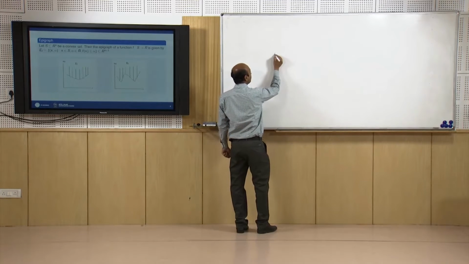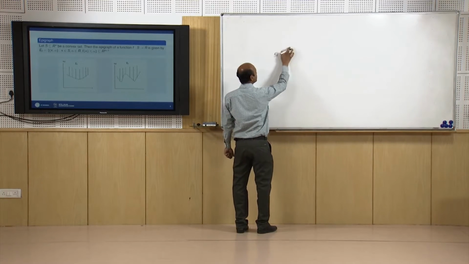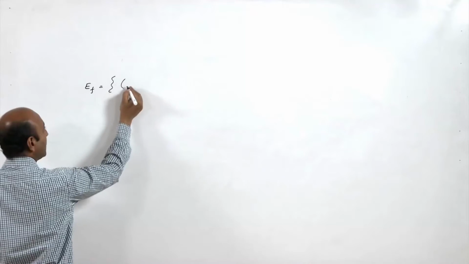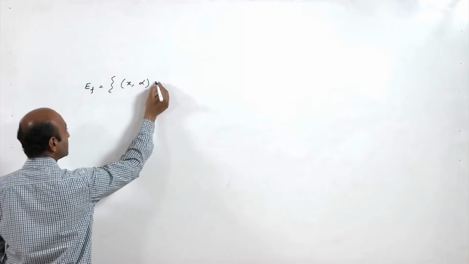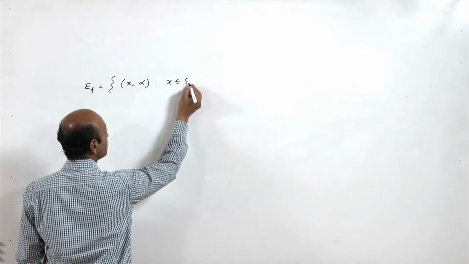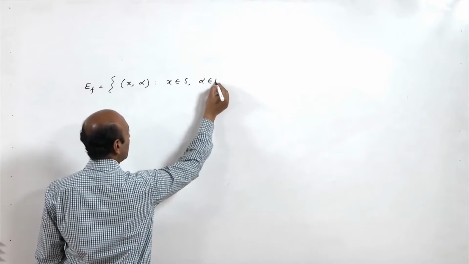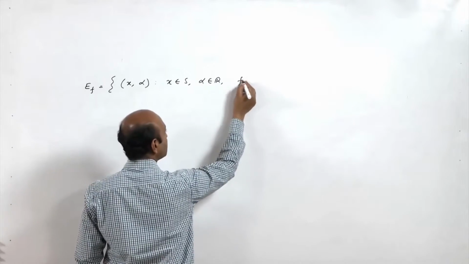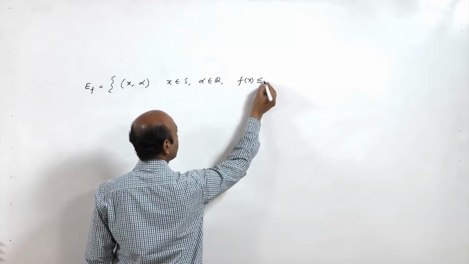So the epigraph of a convex function is nothing but all (x, alpha) such that x belongs to S, alpha belongs to R, and f(x) is less than or equal to alpha.